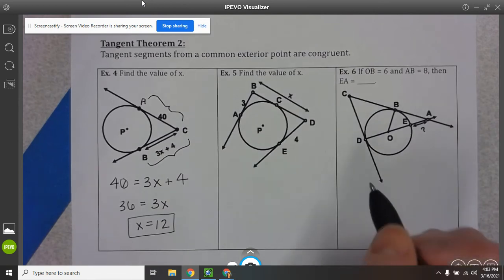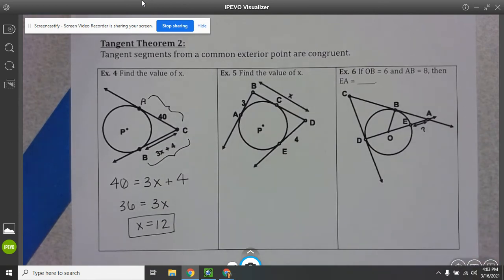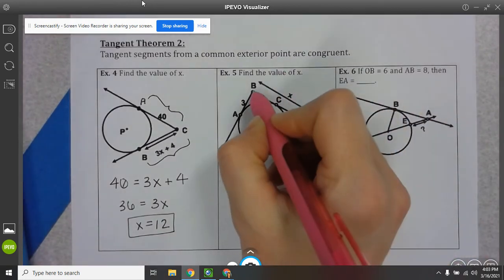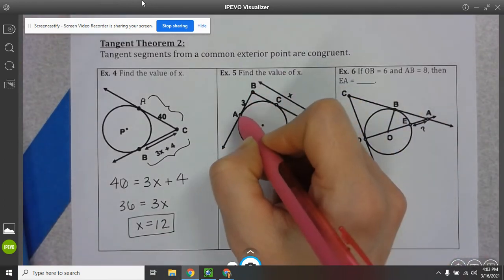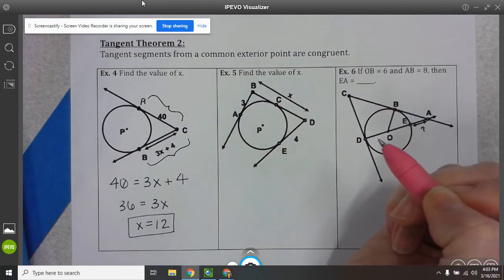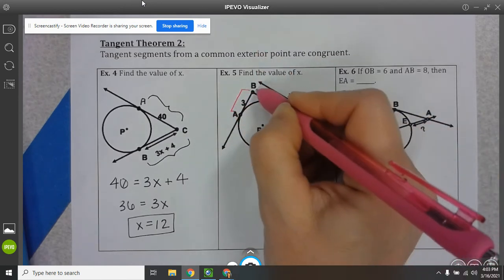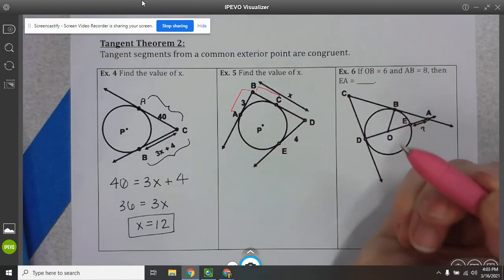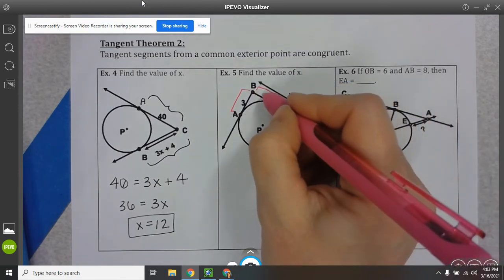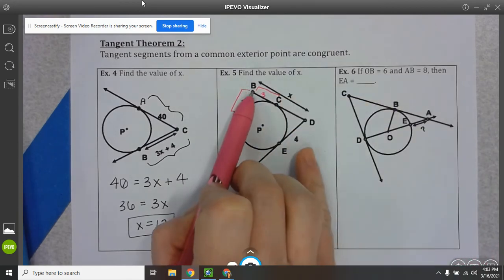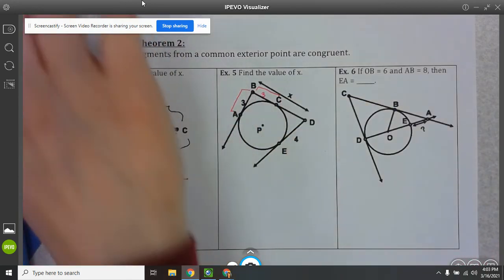Now this next example, number 5, is a little bit tricky, and I'm actually going to use 2 different colors on this one because I have 2 different exterior points that I'm looking at. So here I have AB being congruent to BC because this is the shared exterior point here.